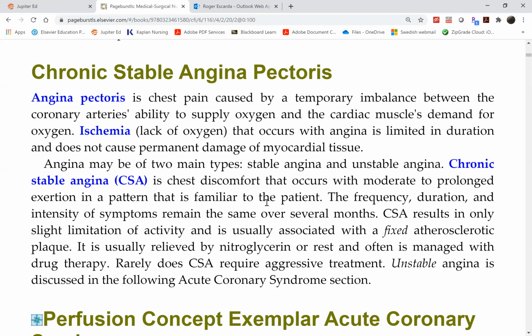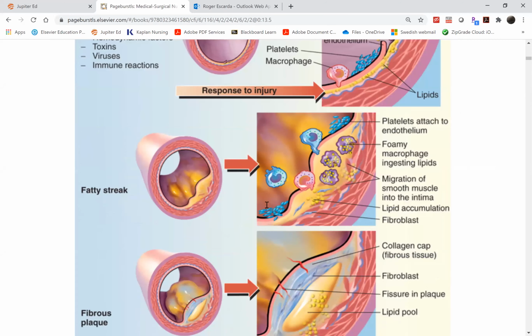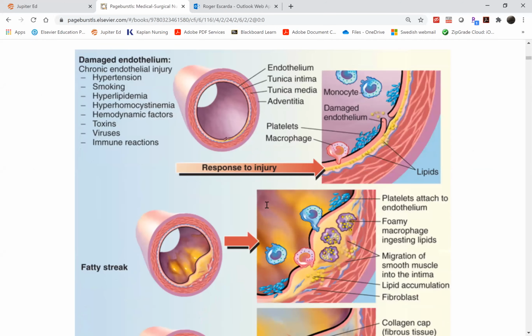As the plaque develops, let me just go to the picture and I'll go back to CSA. If you look here, this is your normal vessel.